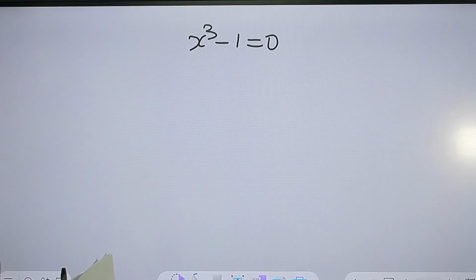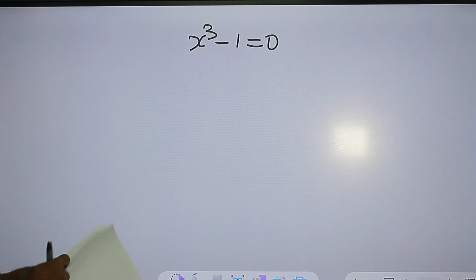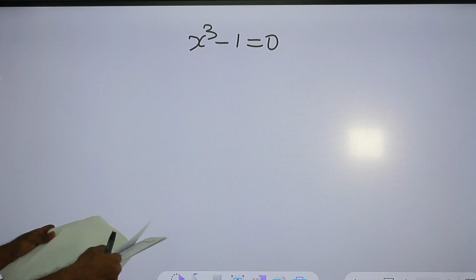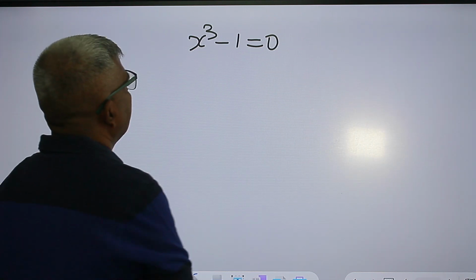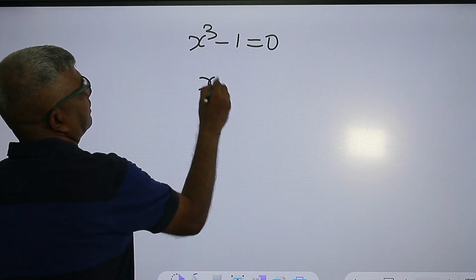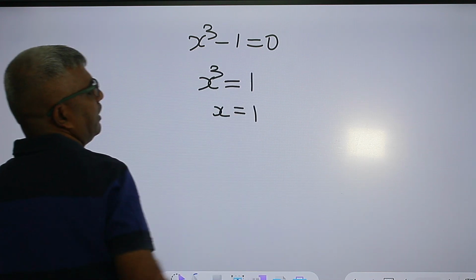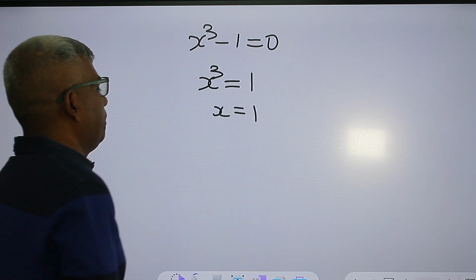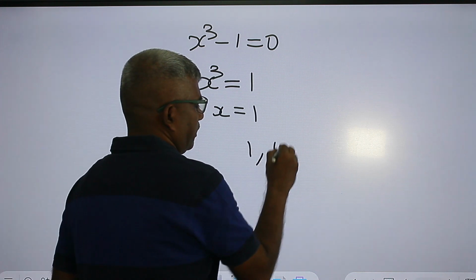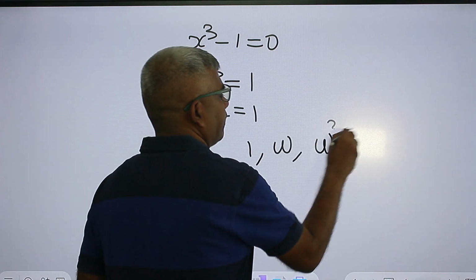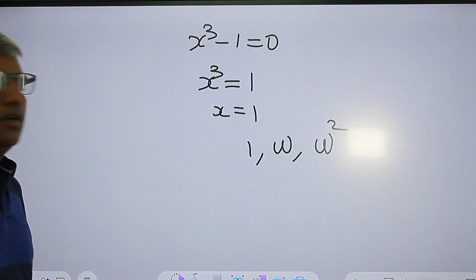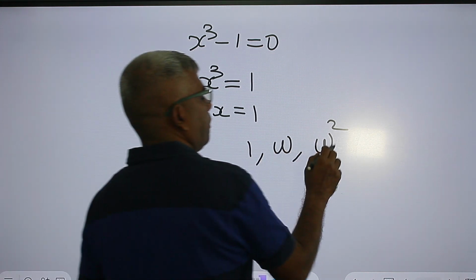Question number 3. x cubed minus 1. Find the cube roots. x cubed minus 1 means we will consider x cubed equal to 1. In the complex numbers, the cube roots are 1, omega, omega squared.